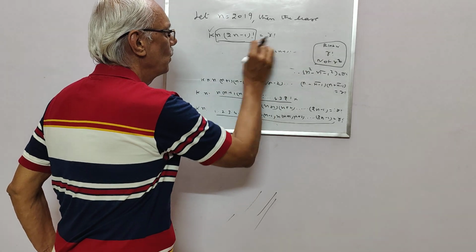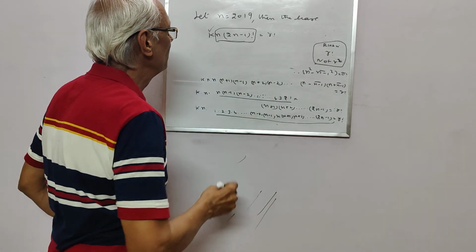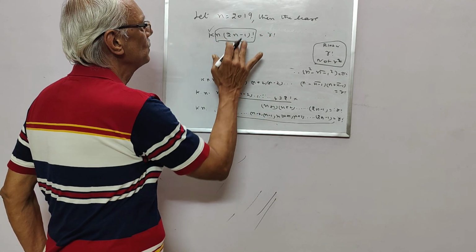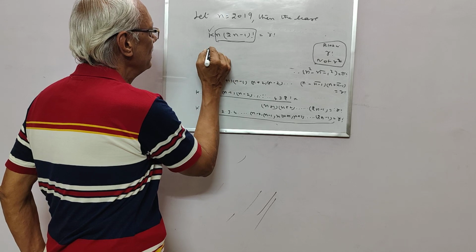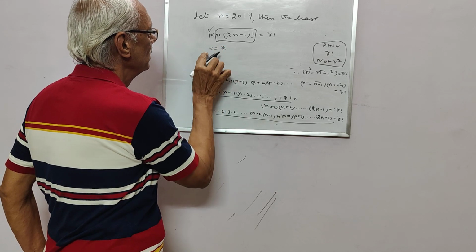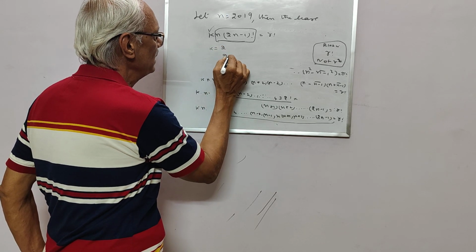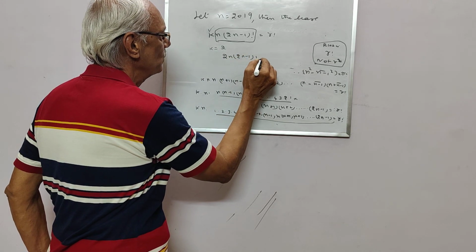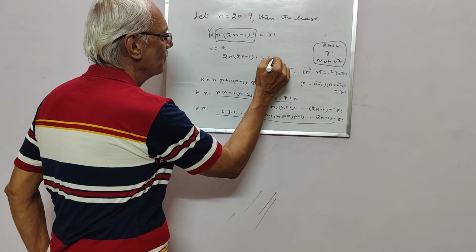It is not counting in the problem. Even if it is not given, it will be okay. So n is equal to 2. Then 2n into 2n minus 1 factorial is equal to r factorial.